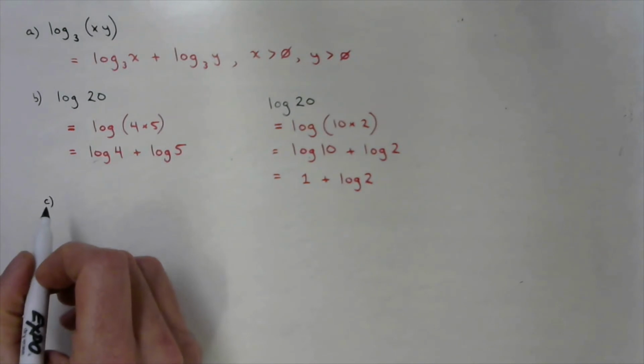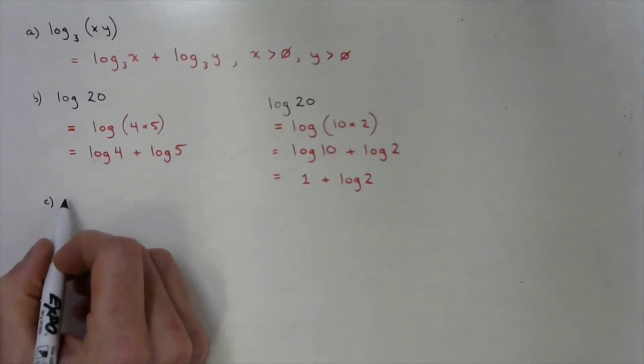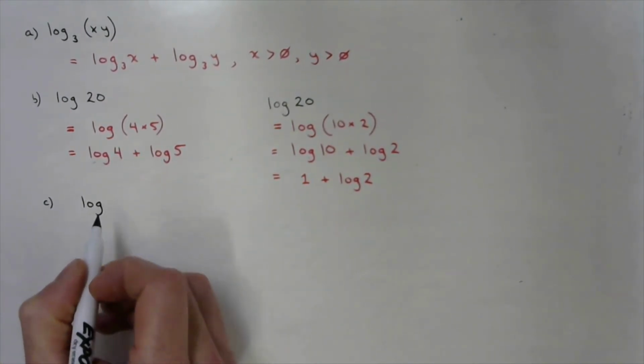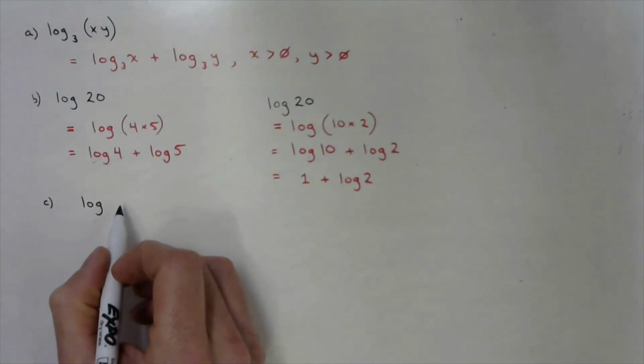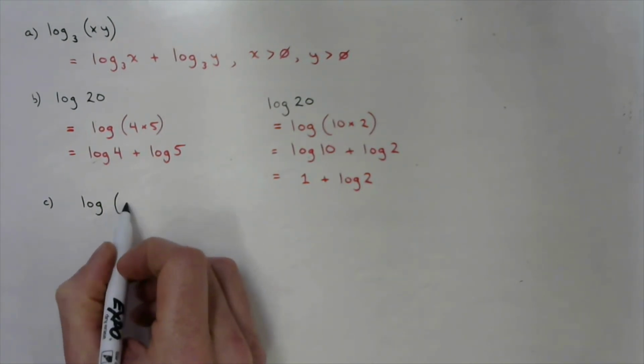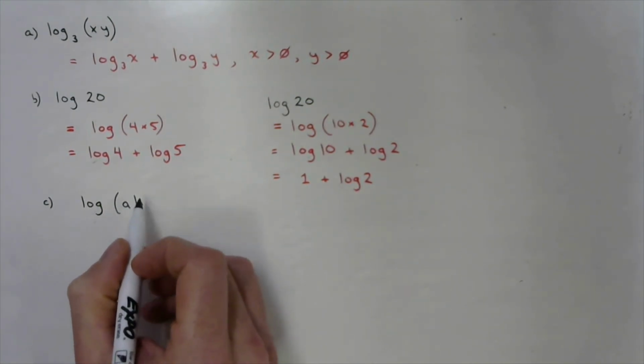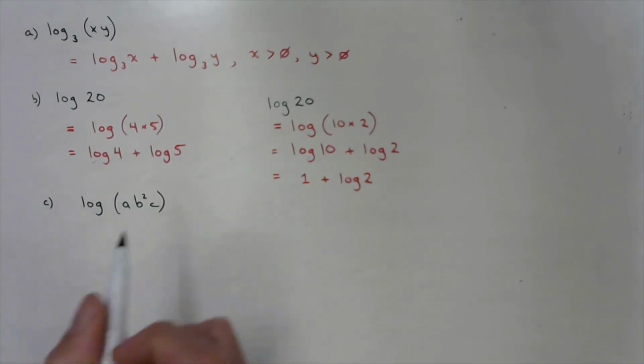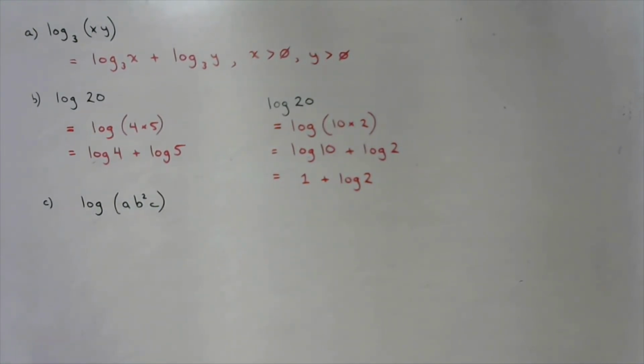C is, essentially, just practice in using the laws that you've just learned. So we've got the log of a b squared c. Go ahead and split that one using the product law and simplify it.